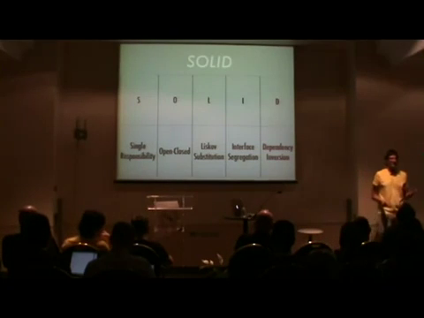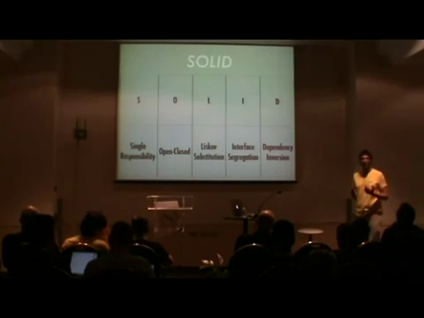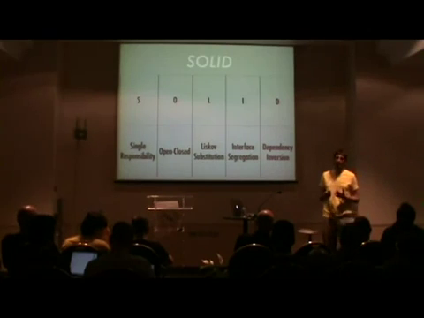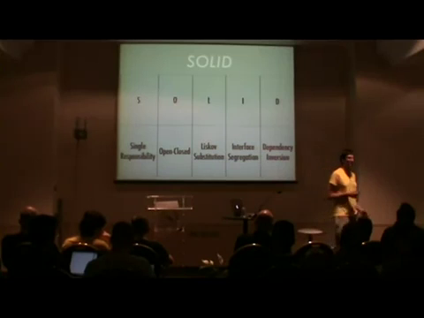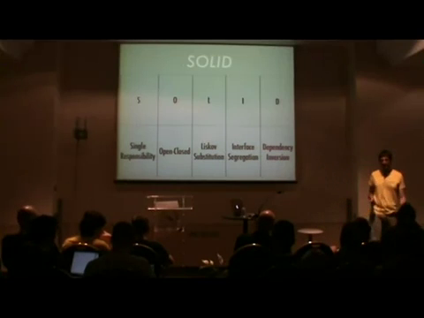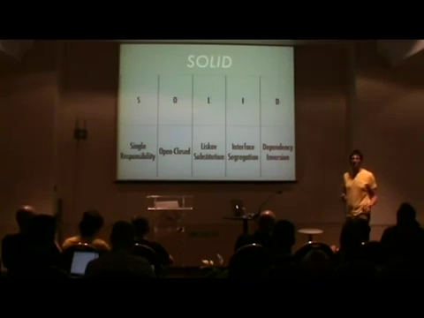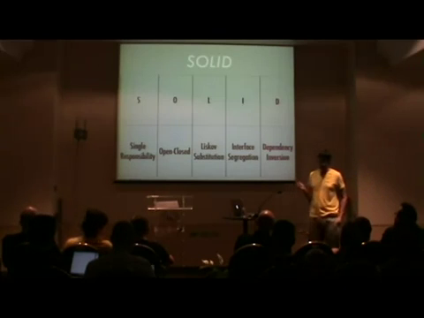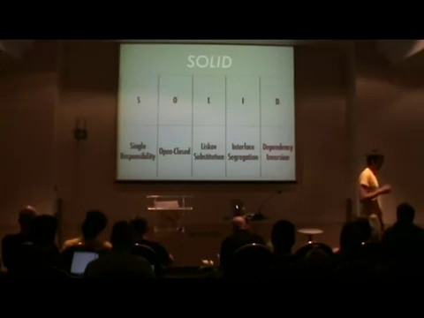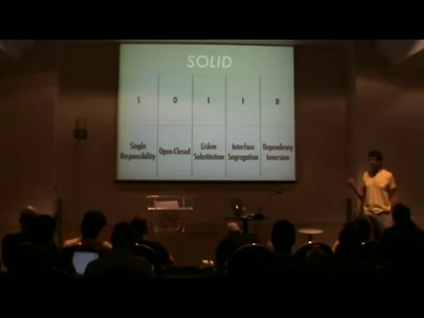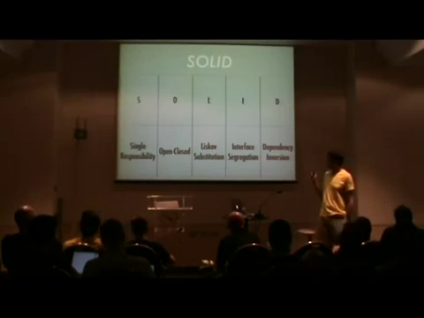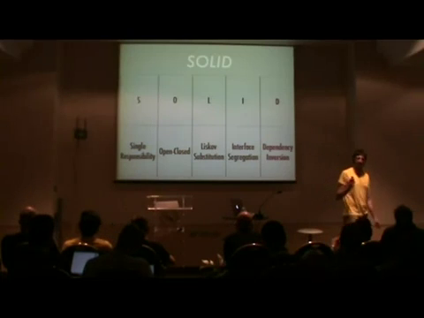High-level components should not depend on low-level components, but should depend on abstractions. And abstractions should not depend on details, but details should depend on abstractions. So, the idea of inversion can be achieved by many means, one of which is dependency injection.